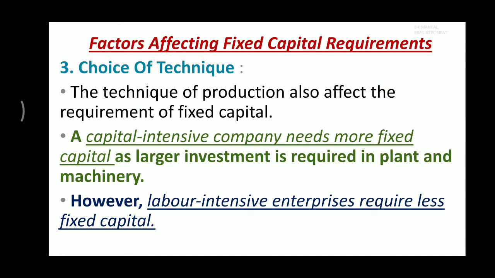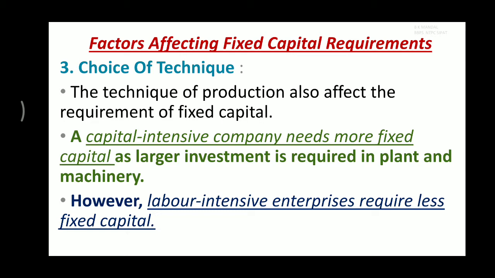Then third is the choice of technique. There are two types of techniques: capital intensive and labor intensive. Capital intensive simply means use of more machines. Most of the work will be done by machines. And labor intensive, most of the work will be done by labor, with less use of machines.